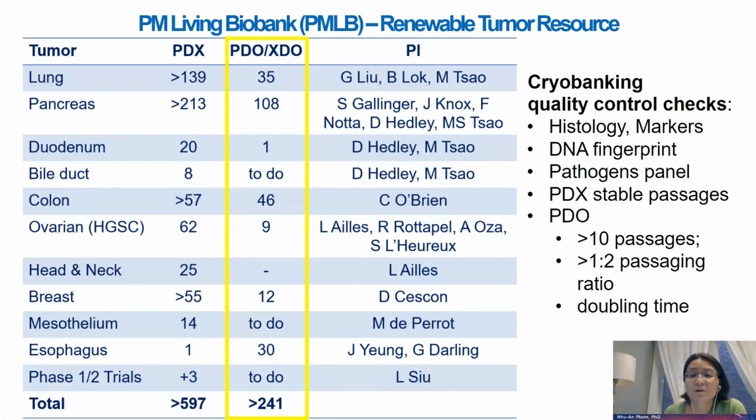For the core banking to occur, we follow a stringent method of quality control checks for histology, cancer markers, DNA fingerprint to verify with patient tumors, pathogens panel testing, and also verify that the models could be stably passaged, and the characteristics are being monitored to verify that the models are robust for use in experiments.